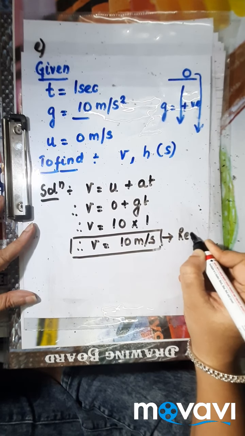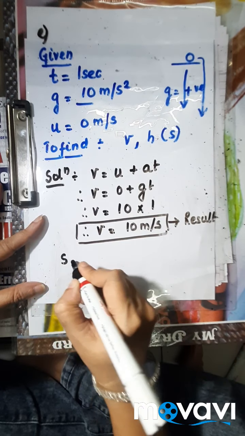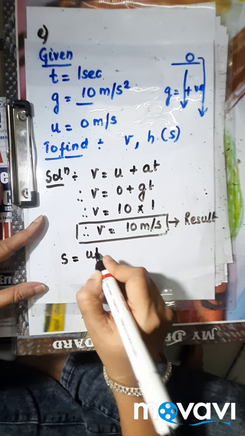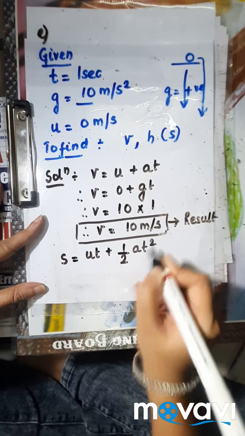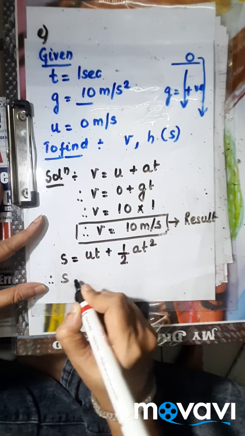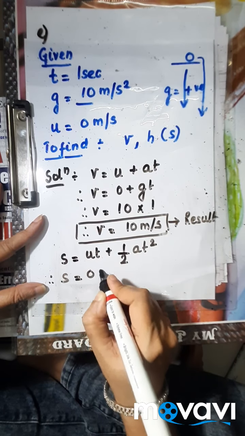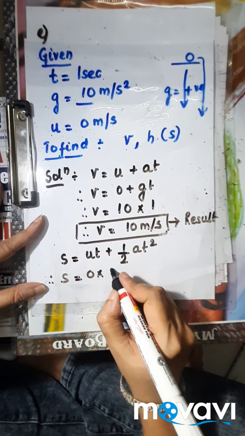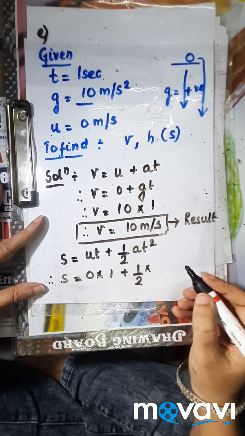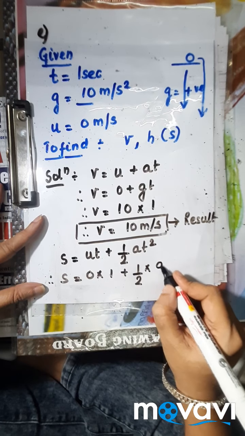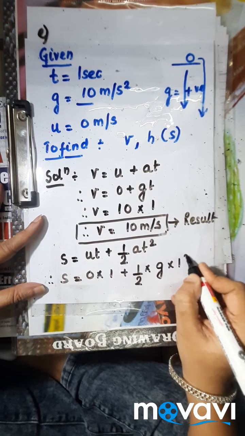Now what's the next one? The height. I can use v square is equal to u square plus 2as, or we can use this formula, we haven't used it: s is equal to ut plus half at square. Once again I like to write this extra step. So my u is 0, so it is 0 multiplied by t is 1 plus half multiplied by a, which is my g, and my t is 1 square, right?